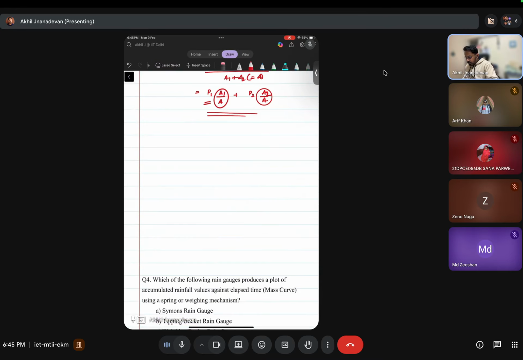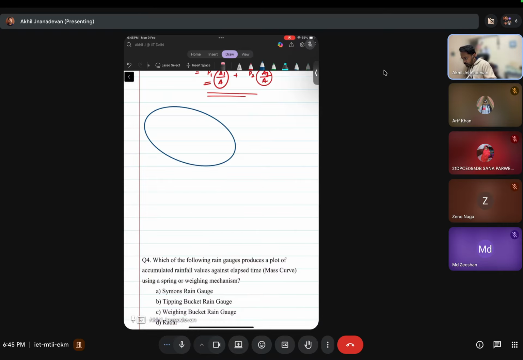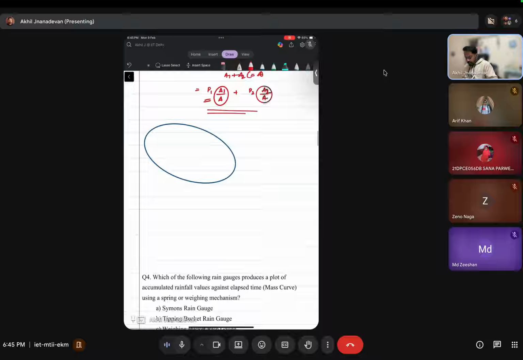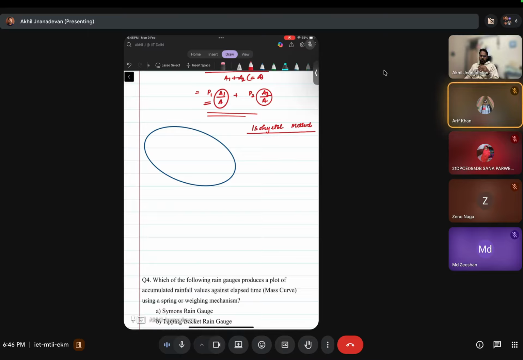In the isohyetal method, we have a catchment. The first thing you have to understand is what an isohyet is. An isohyet is like a contour. We know what a contour map is: lines joining points of the same elevation.